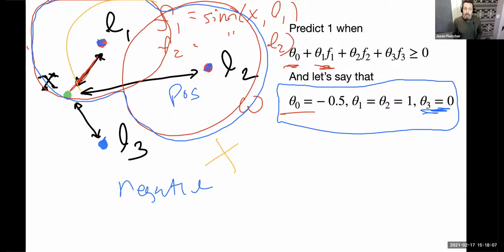But now what we have is a weighted situation where some of them might count and some of them don't count at all, right? We would have potentially different weights for different landmarks, right? So when you're closer to a landmark, you're going to have more effect from that landmark than from this one far away.